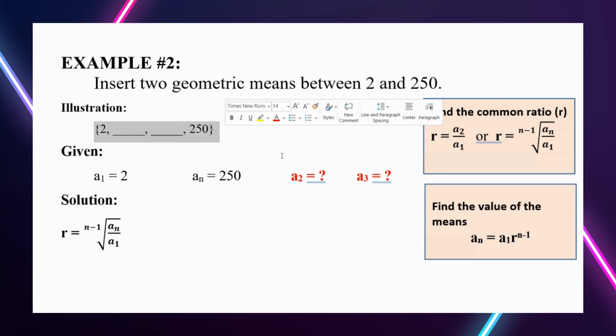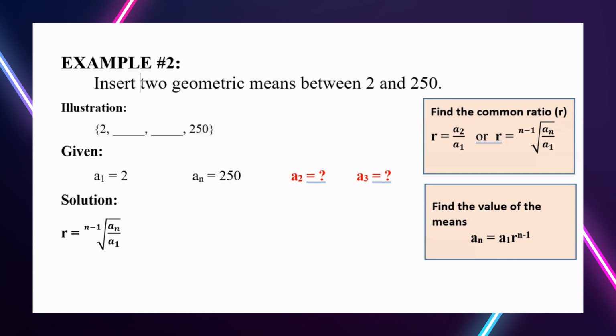Bakit merong dalawang blank sa pagitan ng 2 and 250? Dahil po, naka-state sa problem natin na ang hinahanap ay 2 geometric means between 2 and 250, kaya meron tayong dalawang blanko sa pagitan ng 2 and 250 sa ating illustration.